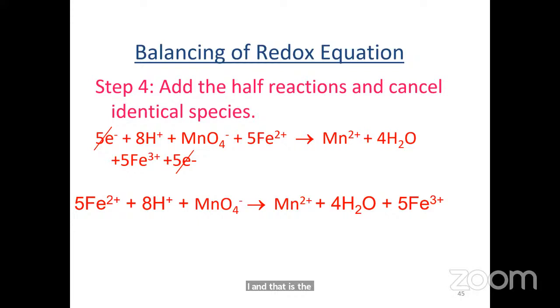So that is how we balance in acidic medium. Do we have any question? Because that is where you are going to stop today. We'll continue from there on Friday. If you have any question, I'm looking at the chat box now.